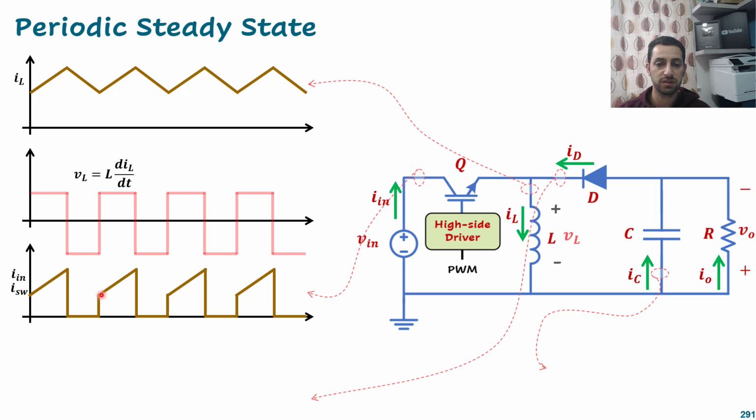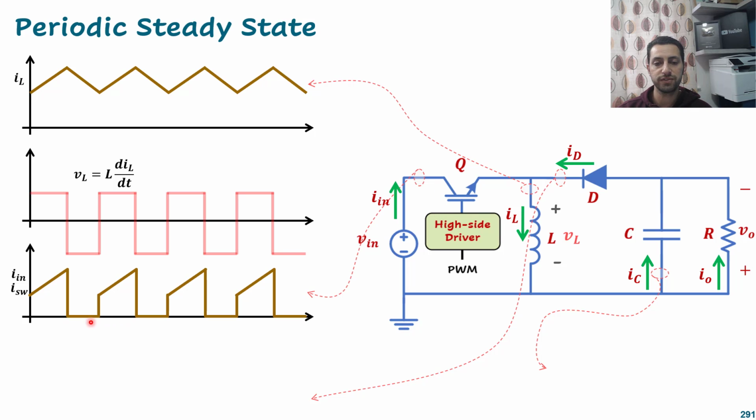It's the same as the buck converter input current, because we have the same situation where the switch is in series with the voltage source, and that means the input current from the voltage source is discontinuous. It's not continuous like the boost converter.